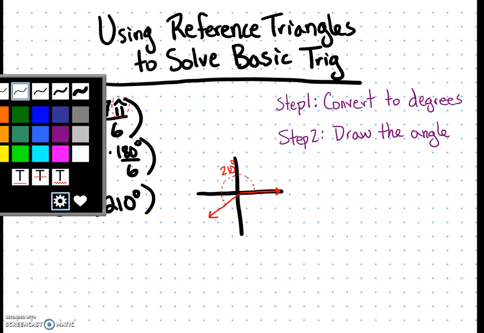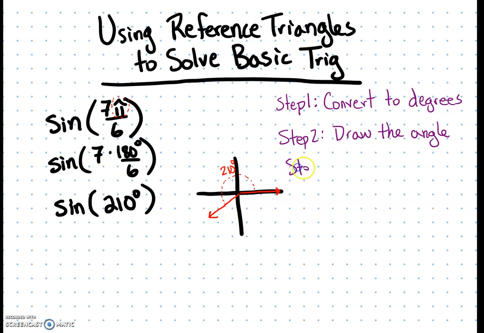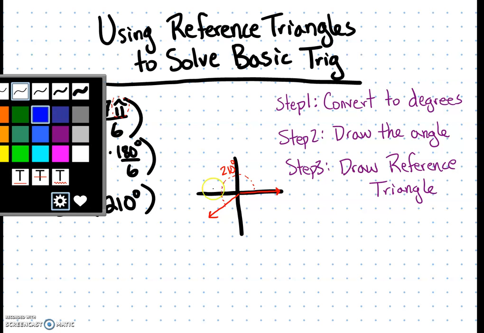Step 3. We're going to draw a reference triangle. A reference triangle is always the triangle that is made with the x-axis. So when we're drawing a reference triangle, we always draw it with the x-axis. We'll do that one in blue.